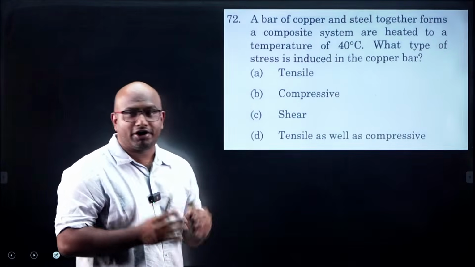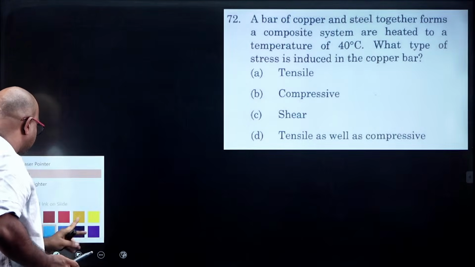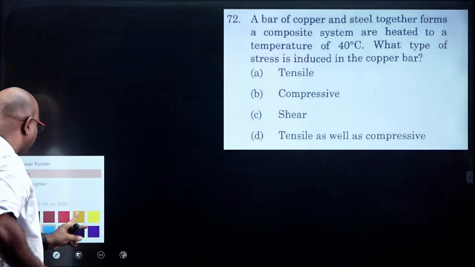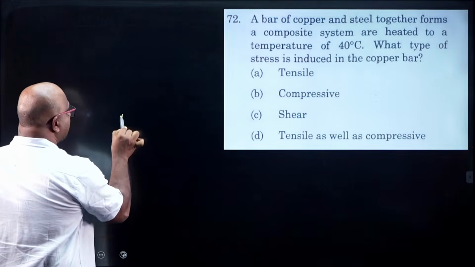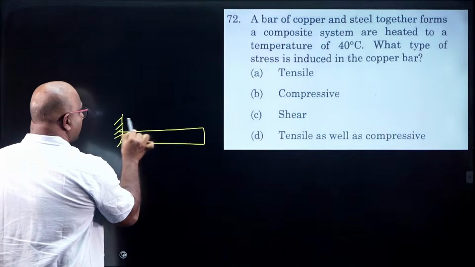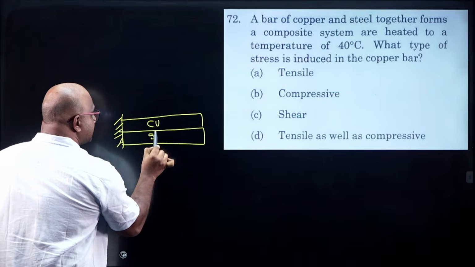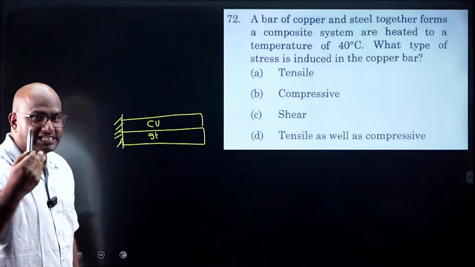Next, a bar of copper and steel together forms a composite system. In our classroom notes, it is case number 5 we discussed. Please check it, composite system. This is the copper, this is the steel, guys. Which one has more thermal expansion?